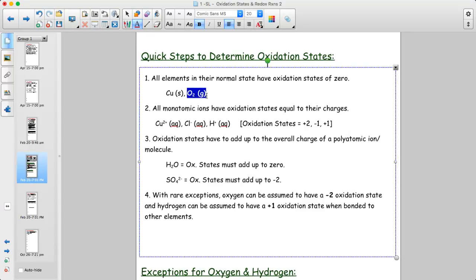When you have like oxygen, or if you had hydrogen gas in their pure form, oxidation states are 0. Okay, so when I talk about these assumptions you get to make, that oxygen is always -2 and hydrogen is always +1, notice that's when bonded to other elements, not itself.